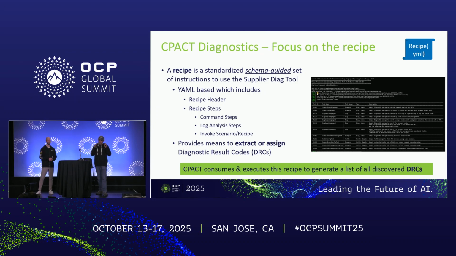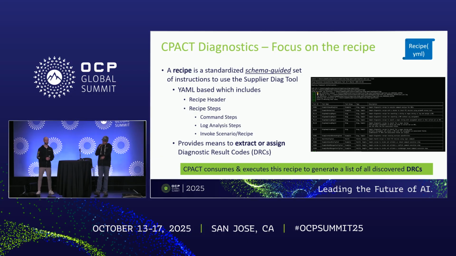But there's one key thing that differentiates a diagnostic recipe from a compliance scenario. Yes, they both run on the same CPACT tool. They both are using the same schema. But in a diagnostic recipe, you also provide means to extract or assign the diagnostic result codes. Now, in your log analysis step, the supplier diag tool will generate a log. We're not creating any boundaries around how the log should be from the black box. But the recipe provides means of how to exactly extract the list of all the diagnostic result codes.